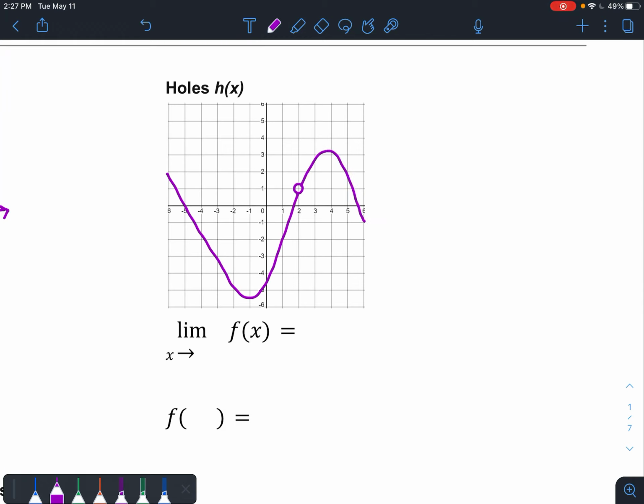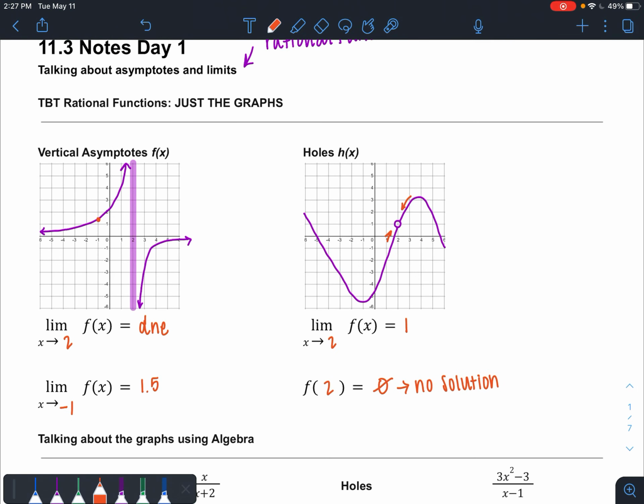So the limit as x approaches that value, in this case 2, from the right and from the left, is approaching the same value at 1. However, at 2, f of 2 does not have a value. It doesn't exist. There's no solution for that. So that's what happens with holes and vertical asymptotes.